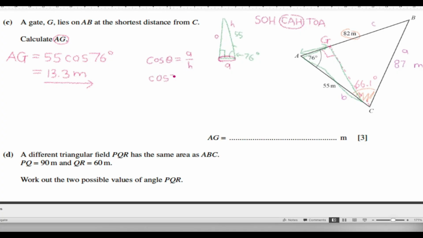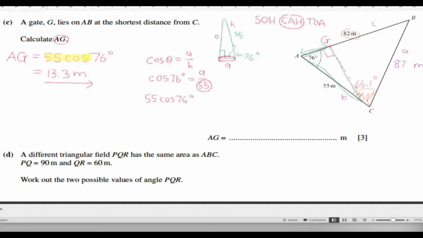So we can write down cosine of 76 degrees is equal to the adjacent. We don't know what the adjacent is, so I'm just going to write down A over the hypotenuse, which in this case is 55. Now we want to solve for A, so we are taking this 55 over to the other side. On the right-hand side, we divide it, which means if we take it to the left-hand side, we have to multiply. So it becomes 55 multiplied by the cosine of 76 degrees.